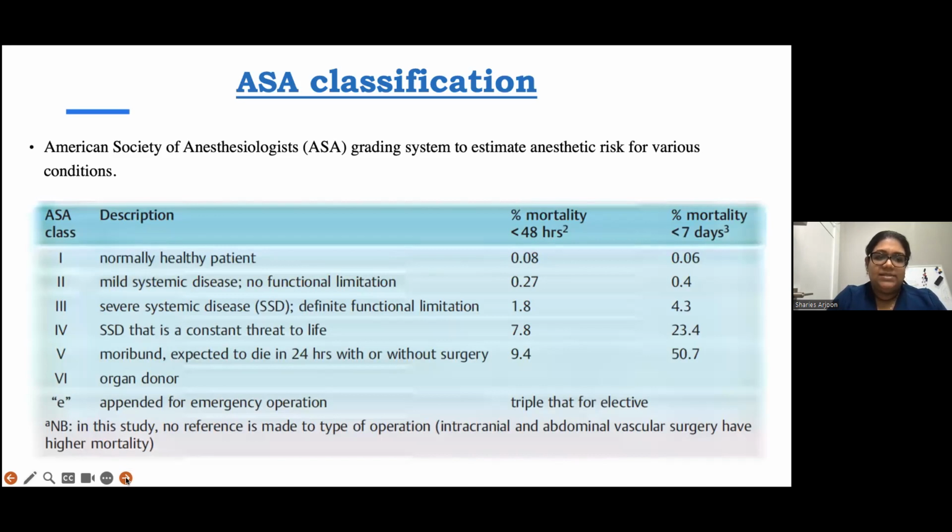Class 2, mild systemic disease with no functional limitation. Class 3, severe systemic disease with definite functional limitation. Class 4, severe systemic disease that is a constant threat to life. Class 5, a moribund patient expected to die in 24 hours with or without surgery. And Class 6, an organ donor.